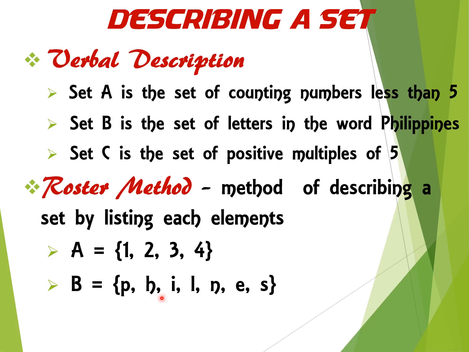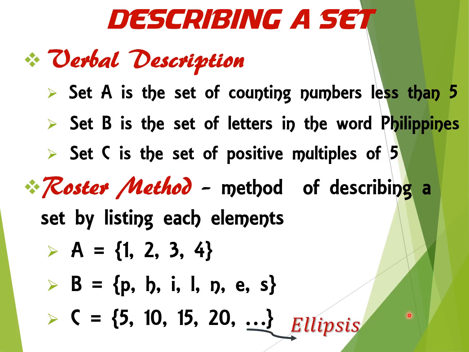We only list the element once. We discussed that one before. And for set C, we have 5, 10, 15, 20 for the positive multiples of 5, and we use here the ellipsis, which is the three dots, which indicates that there are infinite elements that follow after 20, which are multiples of 5.